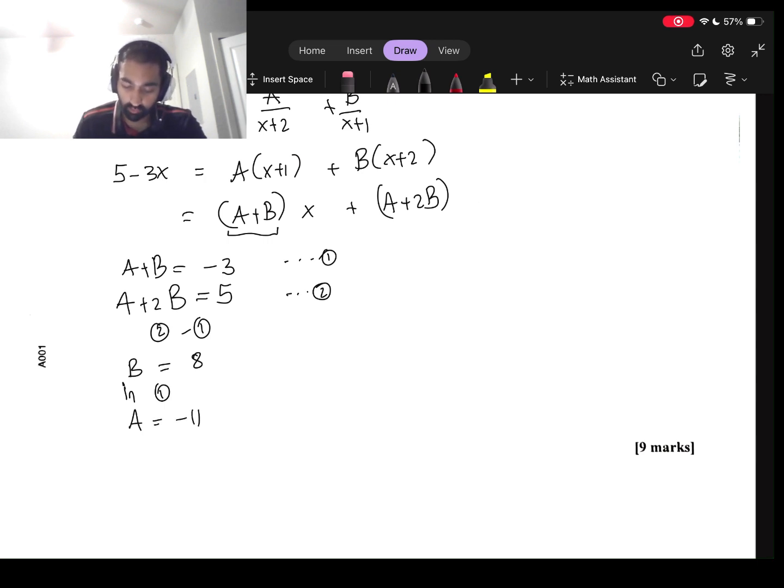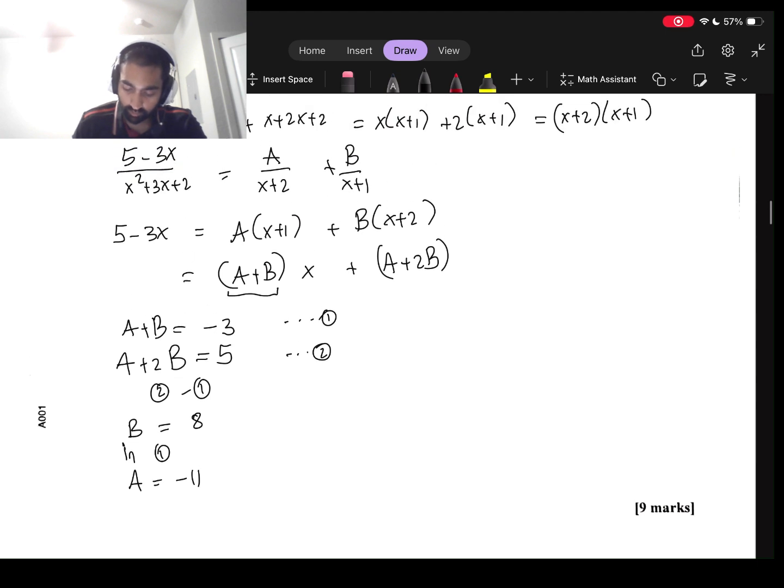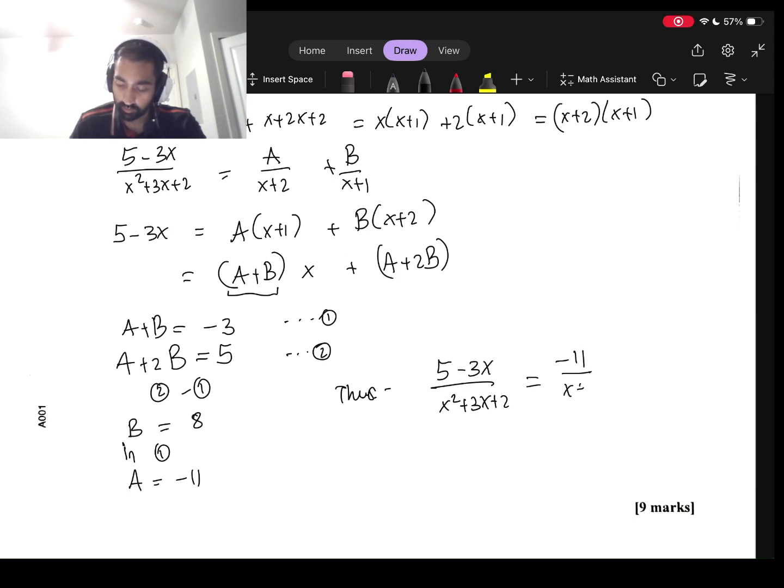And therefore, kind of running out of space, 5 minus 3x over x squared plus 3x plus 2 equals minus 11 over x plus 2 plus 8 over x plus 1.